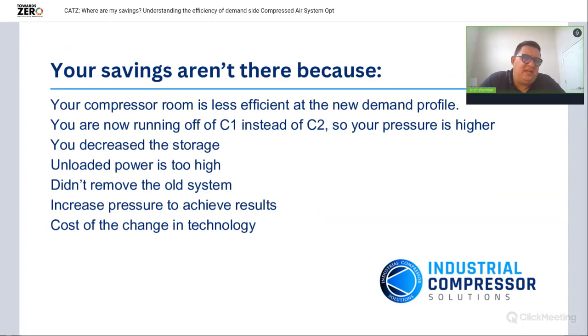So, a couple reasons why the savings that we're expecting aren't what we thought they were. Let's say that the compressor room is less efficient at the new demand profile. If we make reductions and optimizations to the demand profile, but our compressed air station or compressor room cannot efficiently supply the system at that new demand profile, we're going to have issues.